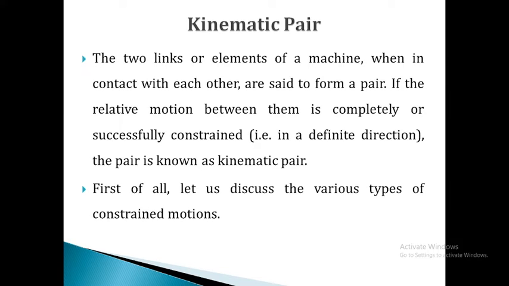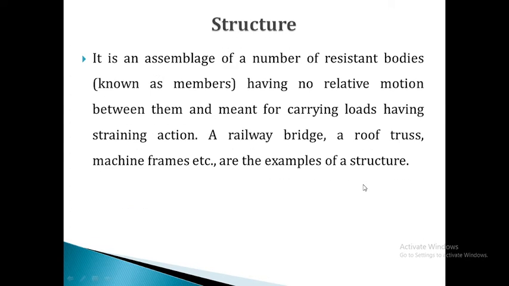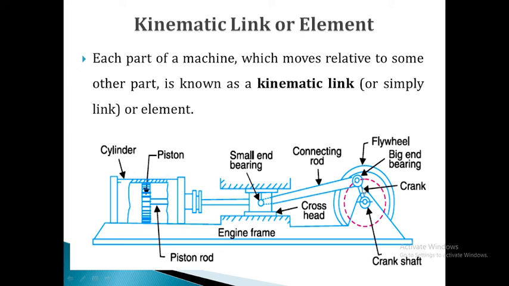First, as in the case of a steam engine, crank is connected with the connecting rod. So crank and connecting rod is the kinematic pair, because crank and connecting rod have relative motion with each other, and in this case the motion is completely constrained motion with respect to each other.